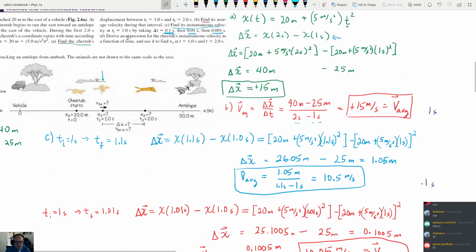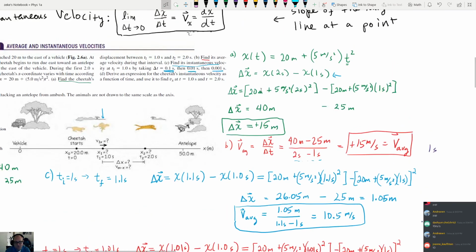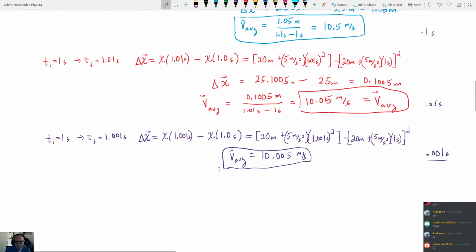So the final thing to do, it says, derive an expression for the cheetah's instantaneous velocity as a function of time, and then use it to find the velocity at 1 and 2 seconds. So for this, we just need to take our equation right here, come down here to the end. So this is part D. Our goal here is to find the actual velocity as a function of time, right?